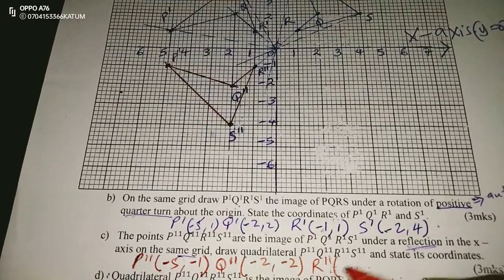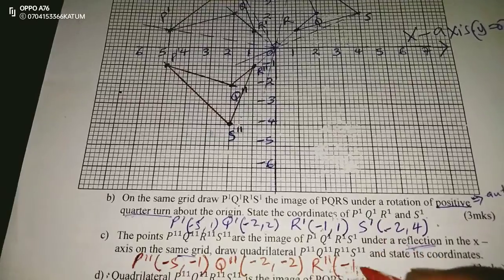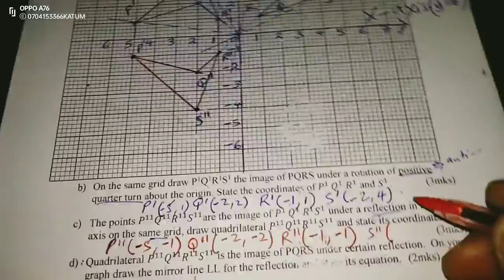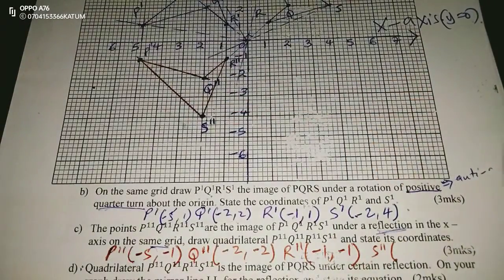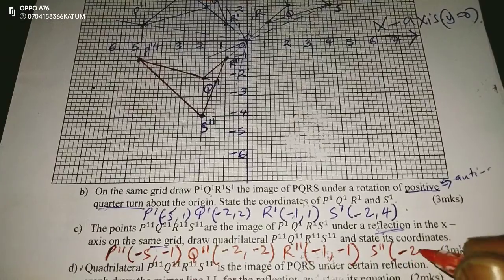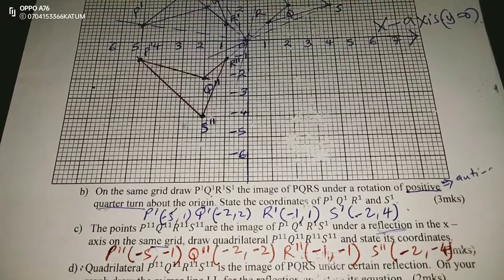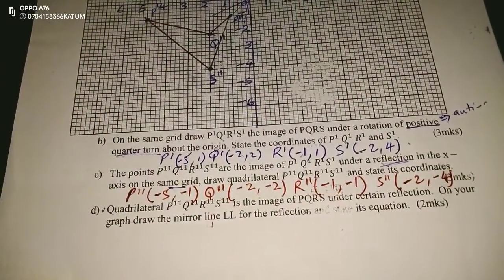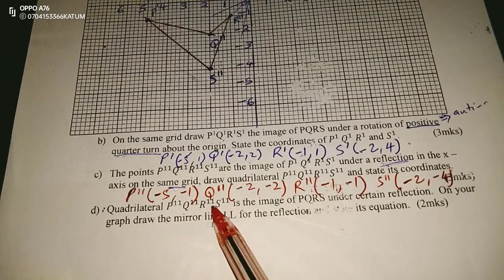R double prime is -1, -1. And finally S double prime, which is here, is -2, -4.